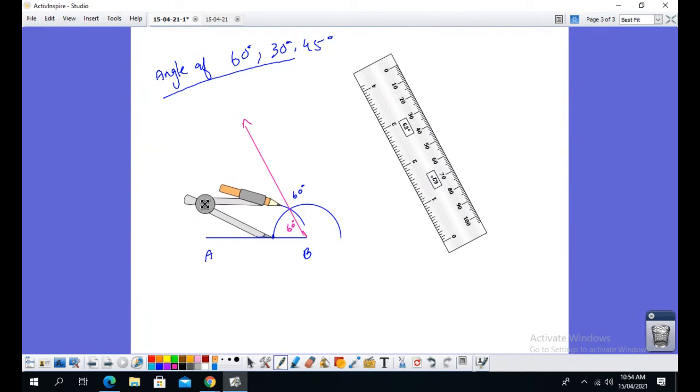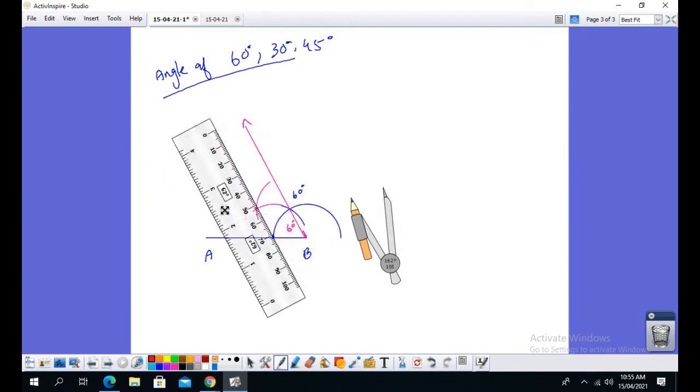For 30 degree we have to bisect the angle of 60 degree. One arc from here and we replace the needle on this arc and draw another arc. This point of intersection and joining this point we have angle of 30 degree.